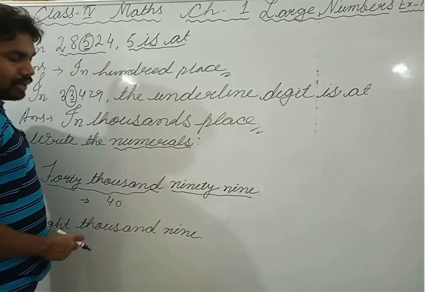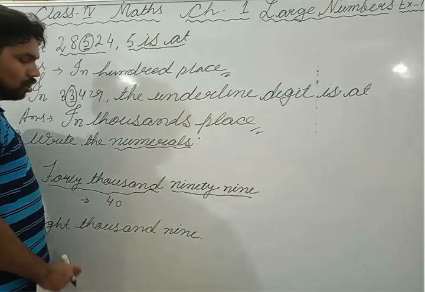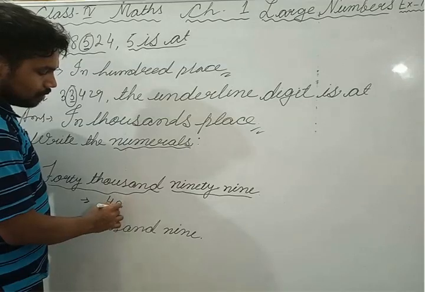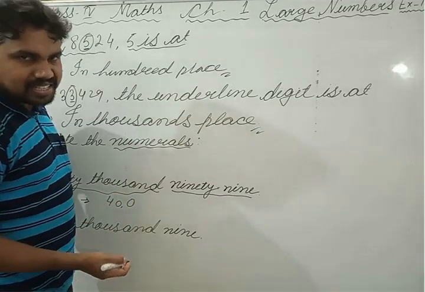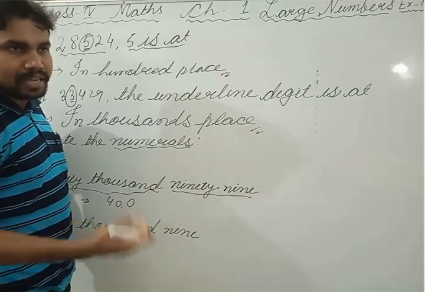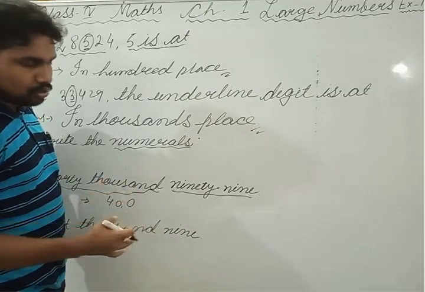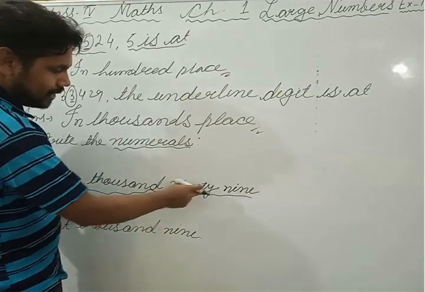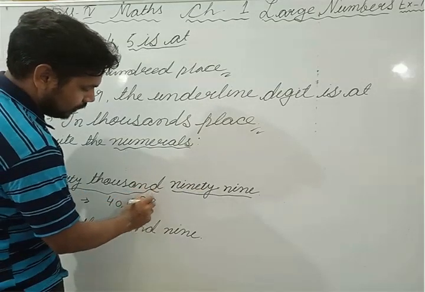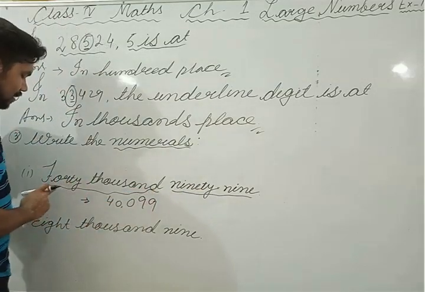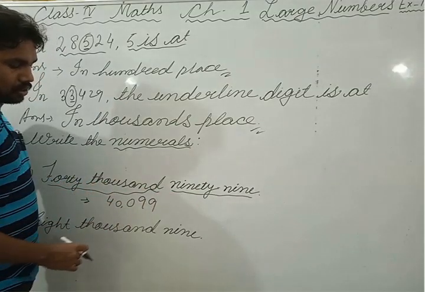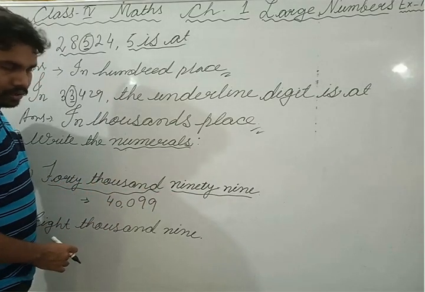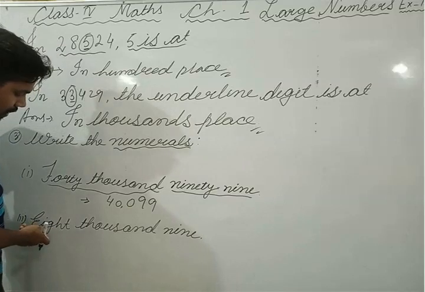But there is no number in the 100 place. If there is no number in a particular place, we have to give 0. So 0 in the 100 place, then 99. This is how we can write 40099.